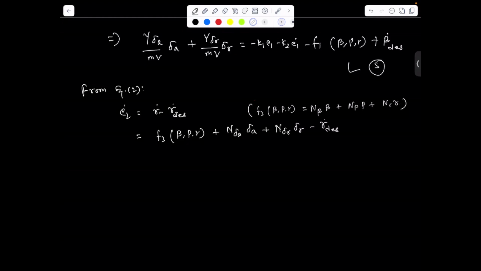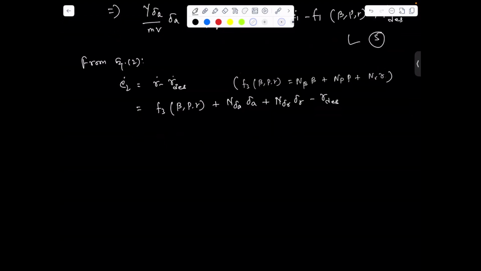And similarly, as you have done in the previous part, here also let's choose E2 dot equal to U2, which is going to control the error E2, right?